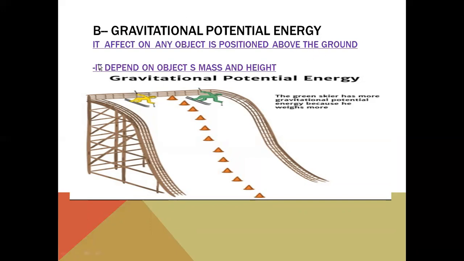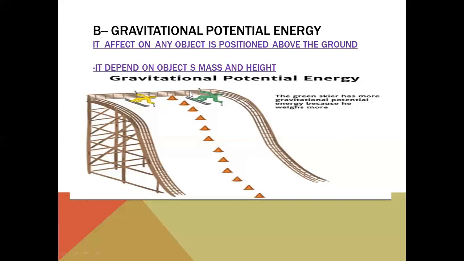It depends on the object, plants, animals, human body, anything, and depends on the mass and height. So gravitational potential energy affects all things on the earth.